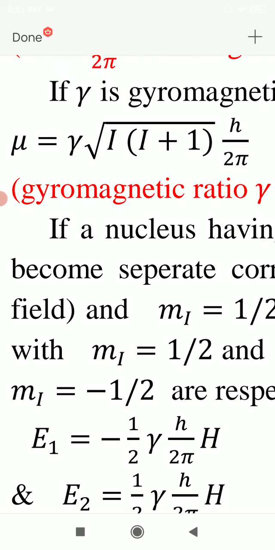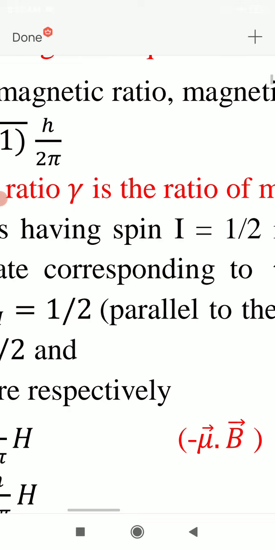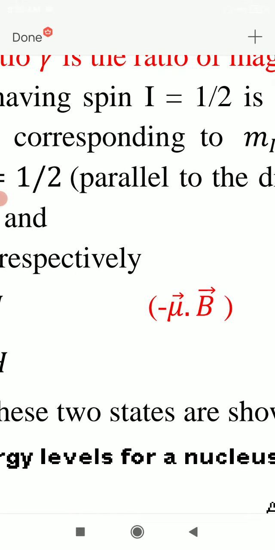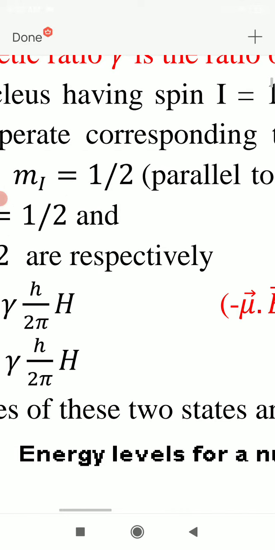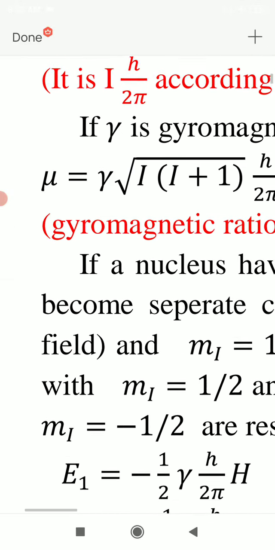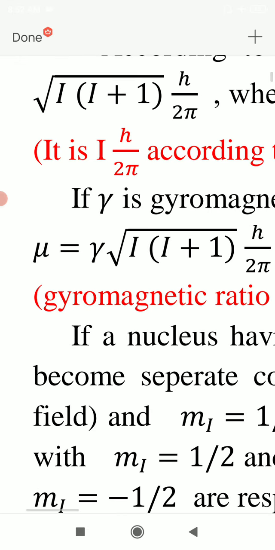In this formula, in place of under root I plus 1 we write Mi, which has two values, plus half and minus half, and substitute in this formula minus mu dot B. Write H in place of B, and in place of mu we write gamma.